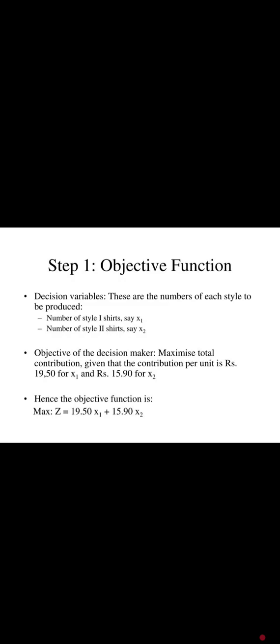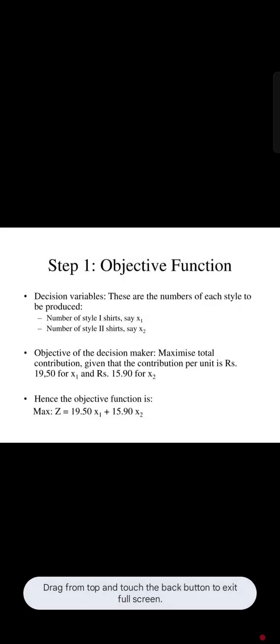The objective of the decision maker is to maximize the total contribution, given that the contribution per unit is rupees 19.50 for x1 and 15.90 for x2. Hence the objective function is maximize.